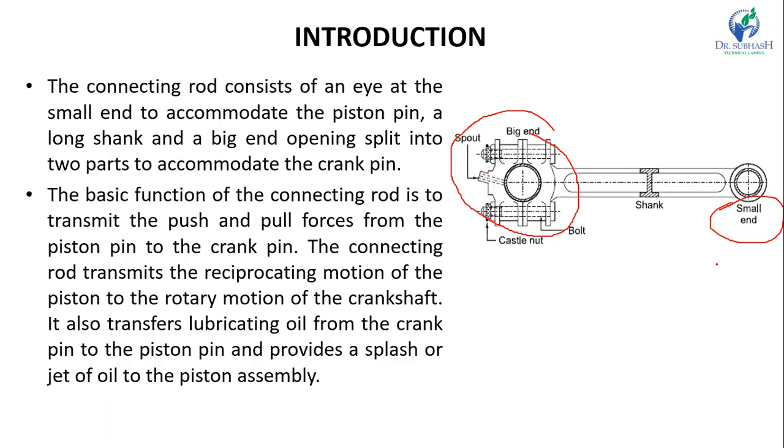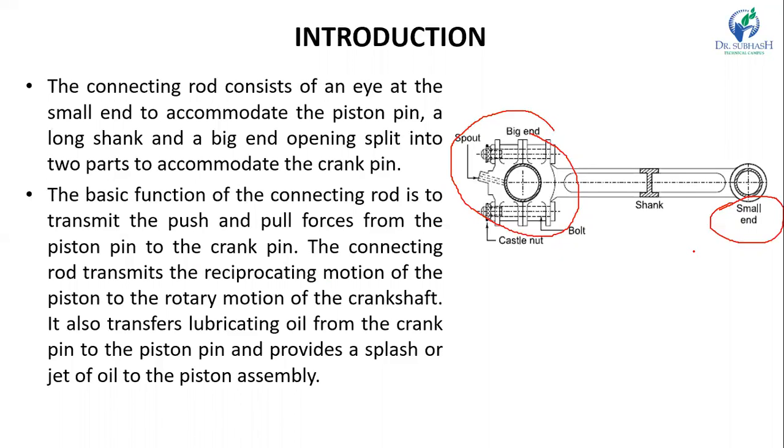Now, the basic function of the connecting rod is to transmit the push and pull forces from the piston pin to the crank pin. So the main function of the connecting rod is that it transmits the push and pull force from the piston to the crank pin.